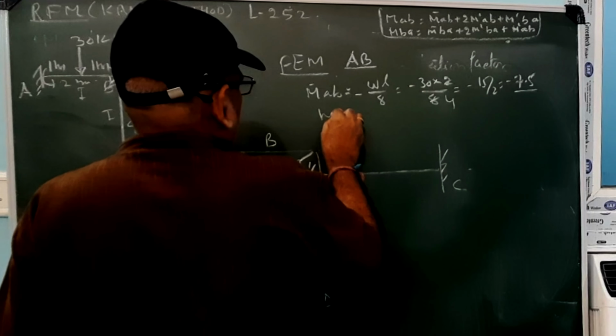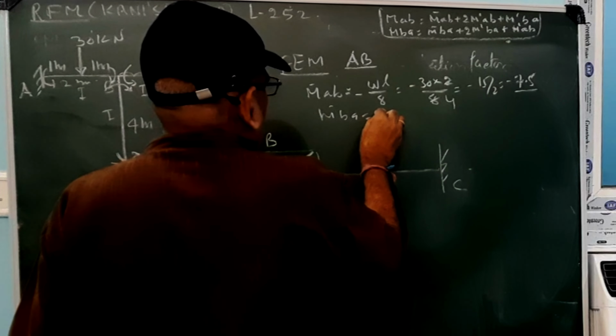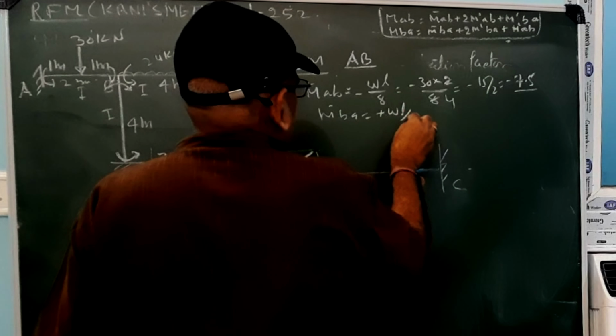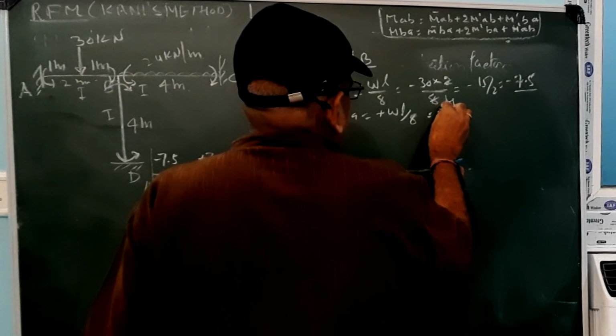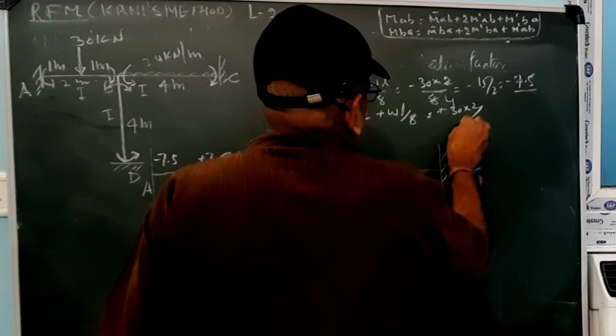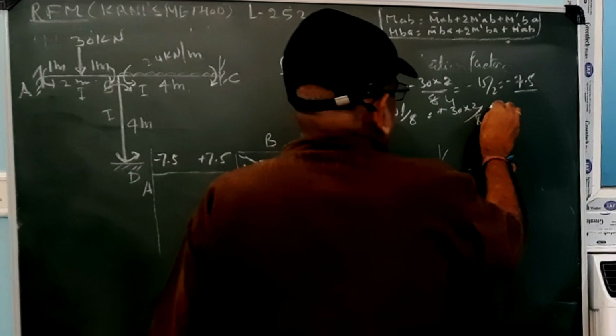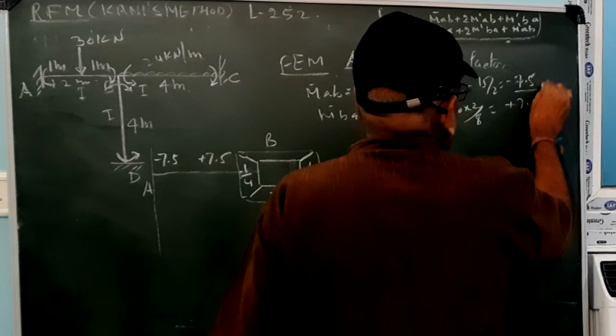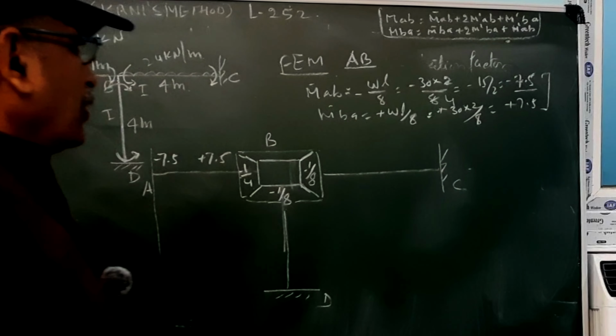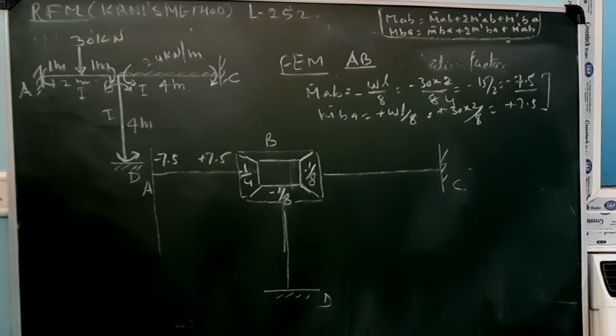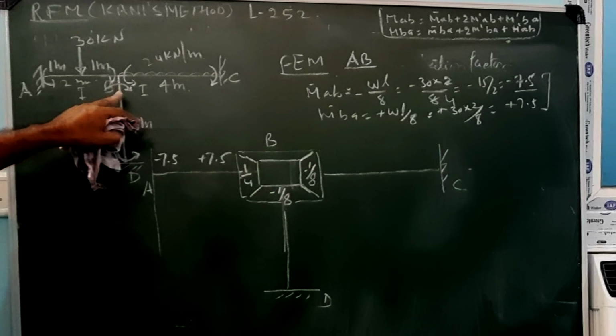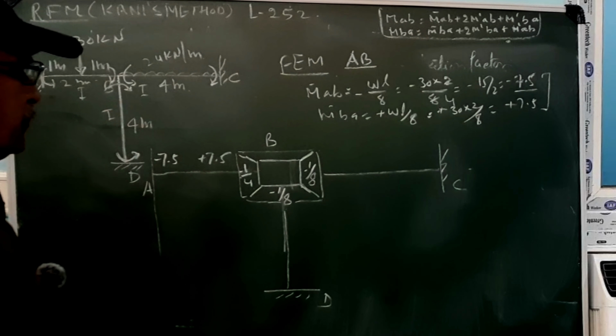Means M bar BA equals plus WL by 8. This is your plus 30 into 2 divided by 8, that is plus 7.5. Now let us find out MBC and MCD.